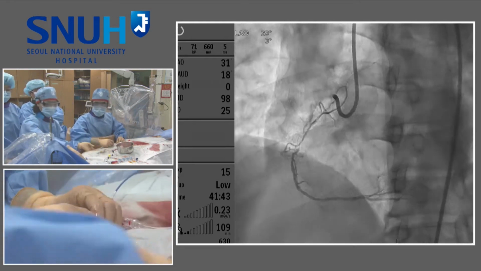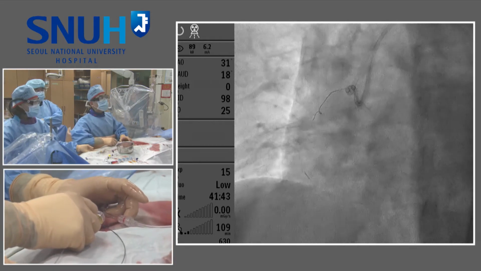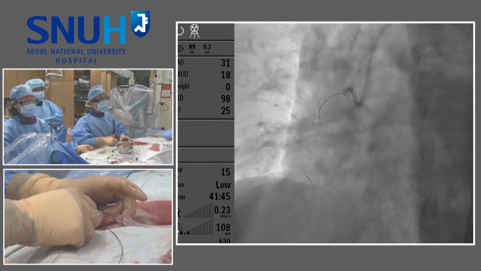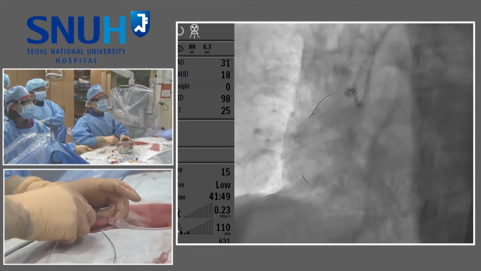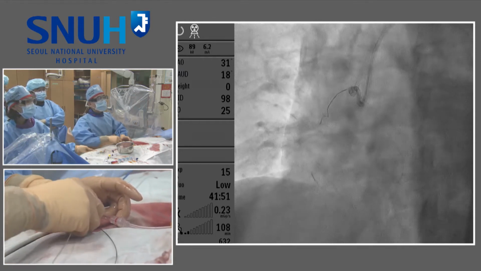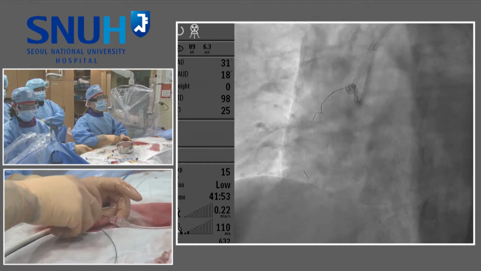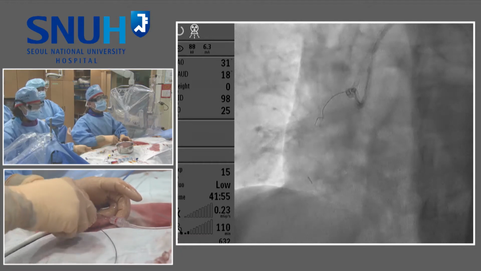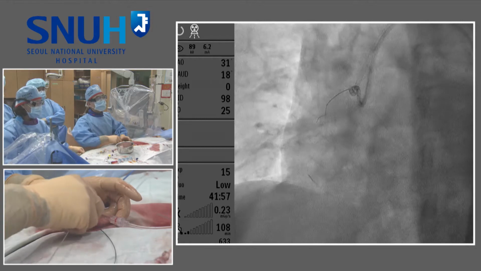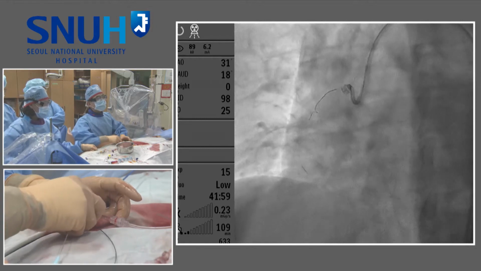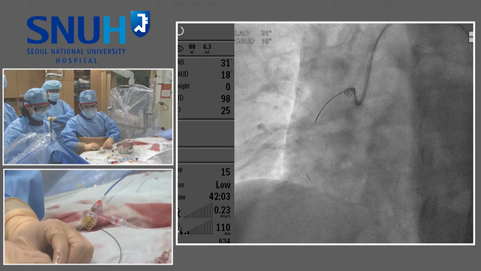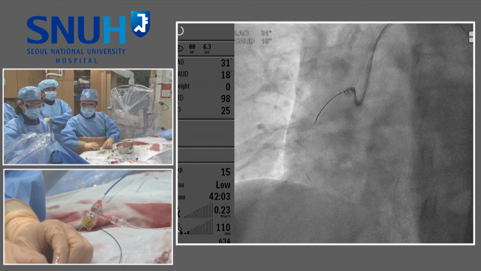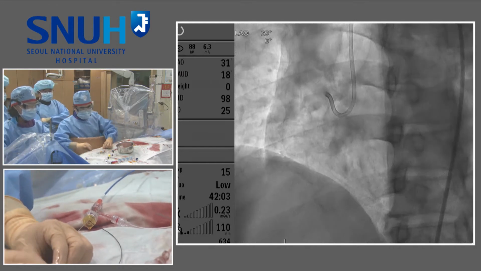Okay, tension. Okay, Y exchange to Gaia first.